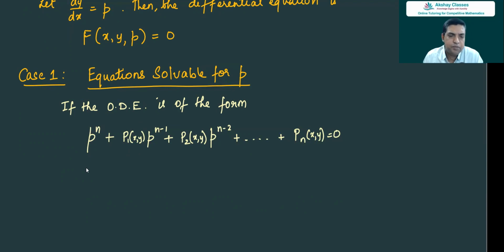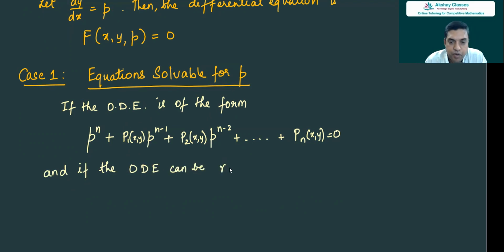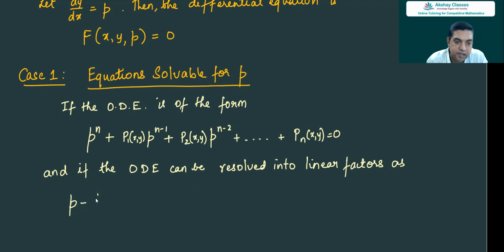Now, if the ODE is of this form, and if the ODE can be resolved into linear factors as, say, p minus f1 of x, p minus f2 of x.